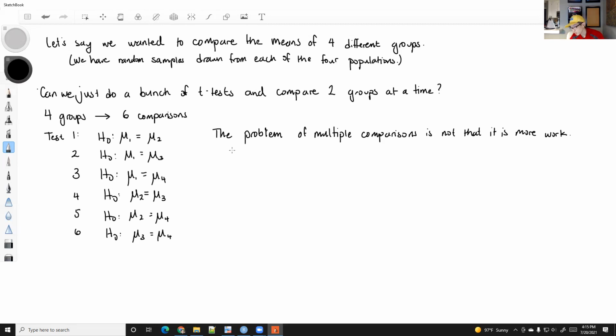It is a little bit more work, but a little more work we can deal with. We don't mind that, okay? The problem of multiple comparisons is that we dramatically increase the risk of type 1 error, okay? So let's think about this. We greatly increase the risk of type 1 error.